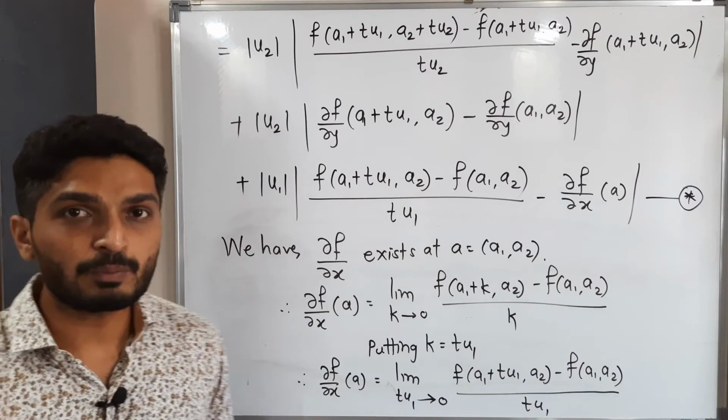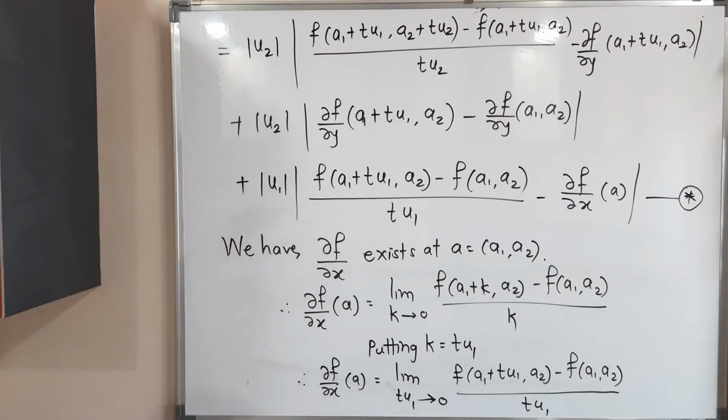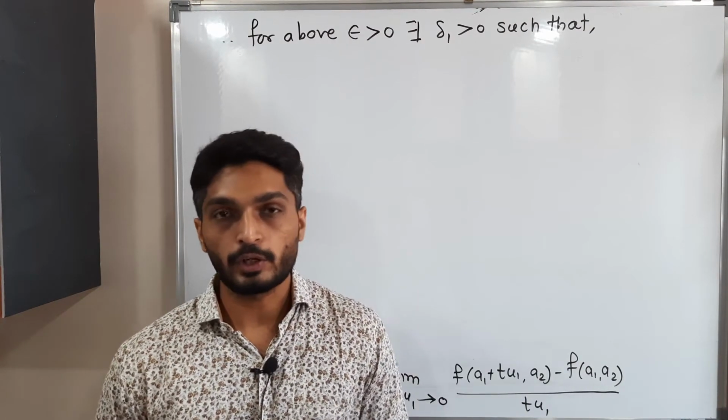The same thing we can write in terms of epsilon and delta also, but there is no more space to write, so make a screenshot of it, then we will go further. So I'm writing in terms of epsilon and delta.